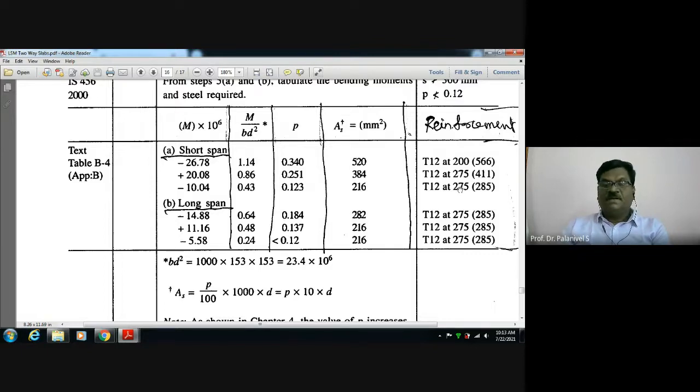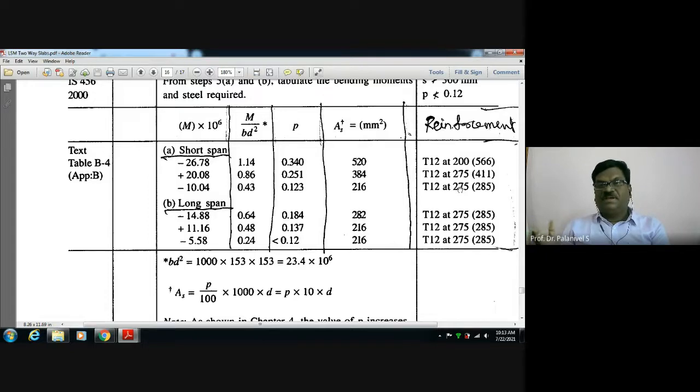How to provide it? This is the art of detailing. In the field, even in the drawing, when you do design and drawing, the architect or the draftsman will do curtailment of bars and introduce extra pieces of bar in between. Likewise, it will be adjusted during construction.